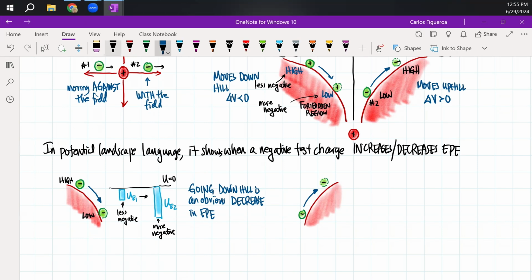I have this potential function right here, and it's going to look something like this. I start off with a more negative, and I'm going to go to a less negative one.